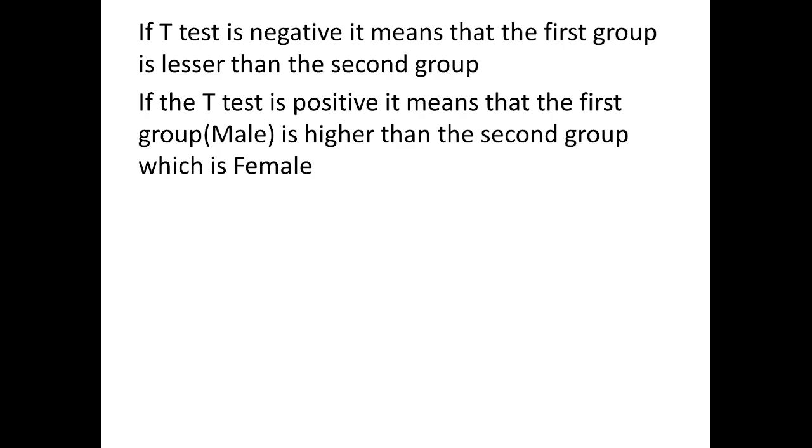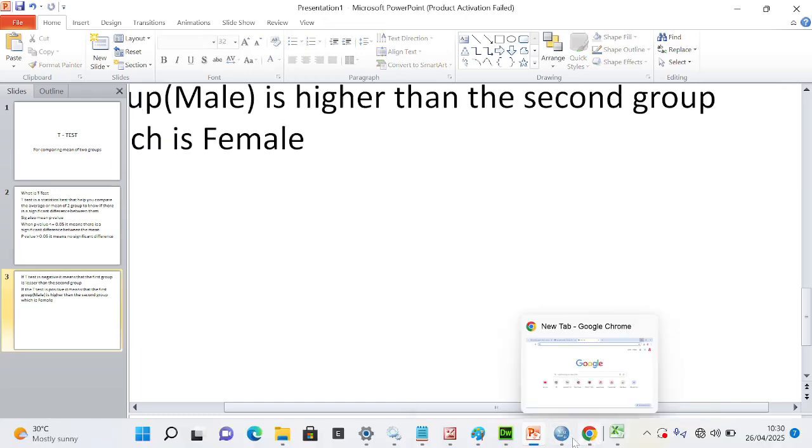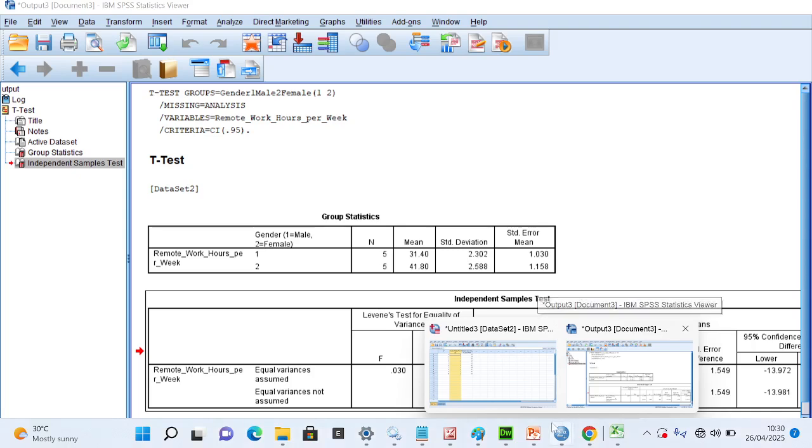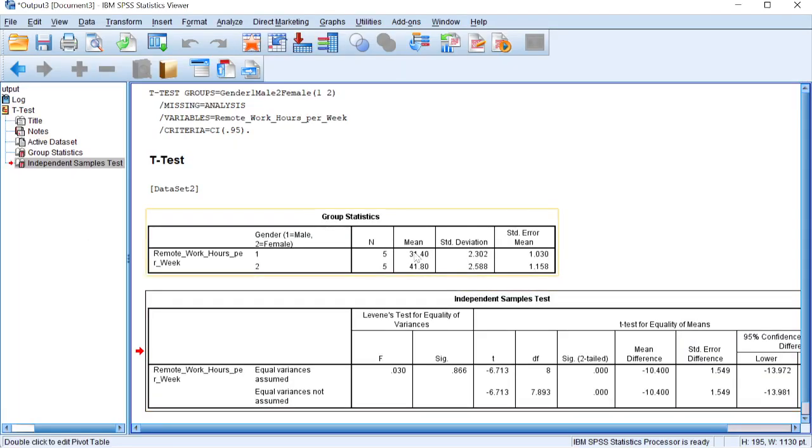If the T test is negative, which is the condition, it means that the first group, male, is lesser. So let's see if male is actually lesser, based on the mean. Wow. So the mean of male is 31.40.